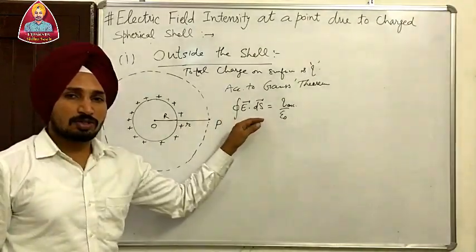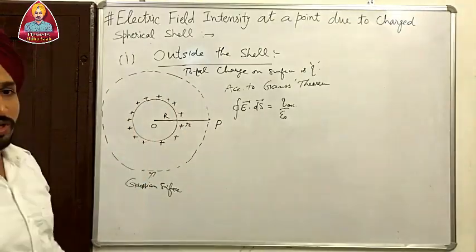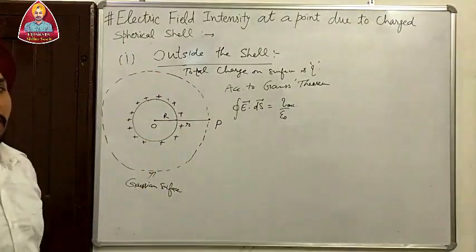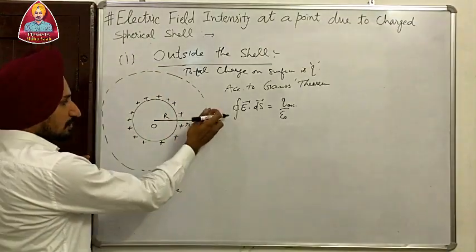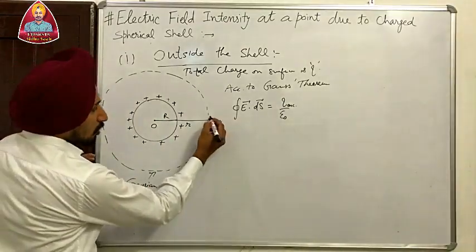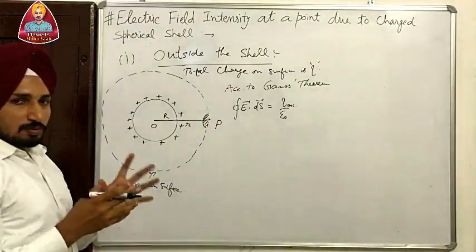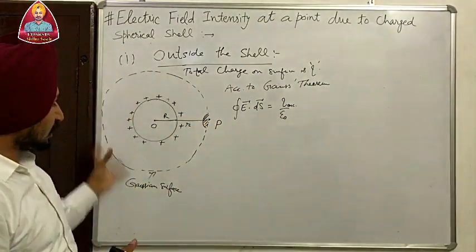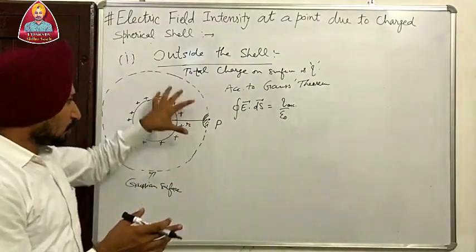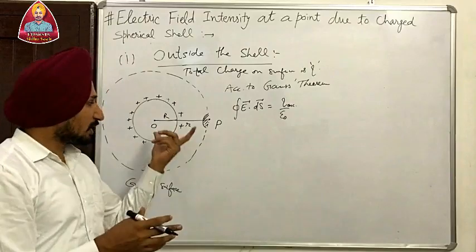We have to apply this to our first situation, outside the spherical shell. We have to take a small surface element of the spherical Gaussian surface. The Gaussian surface is also a spherical shell, but of bigger radius.